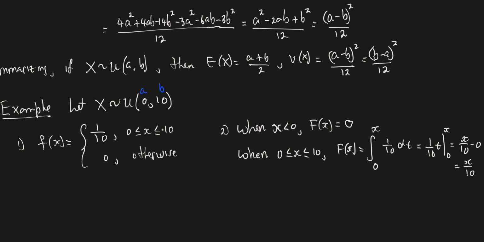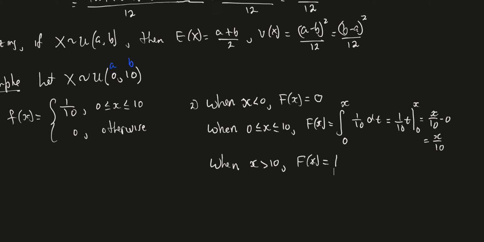And once we go beyond 10, then we would have accumulated all the area under this rectangle. And by definition, it has to be 1, right? And that's what we expect for our CDF. So when x is greater than 10, the CDF has a value of 1.